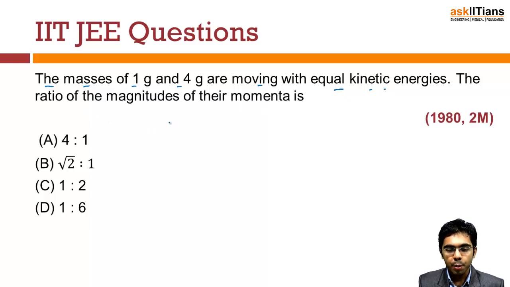Now we know that the momentum is equals to mv, or else we can write p square, that is momentum square, as m square v square.